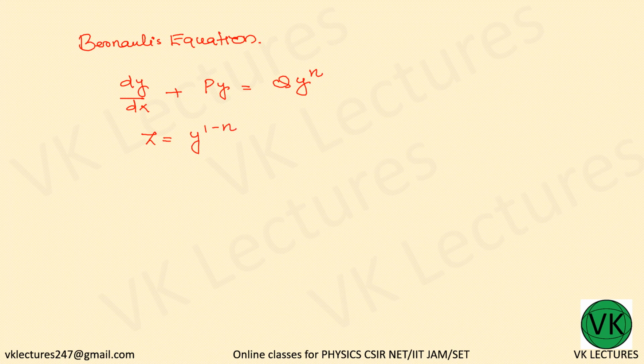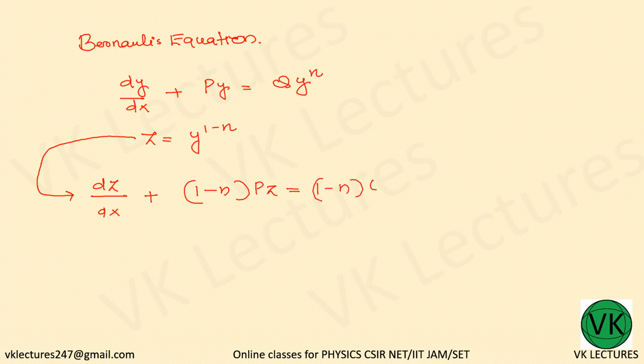After putting this, our differential equation will take this form: dz by dx plus (1 minus n) pz equal to (1 minus n) q.